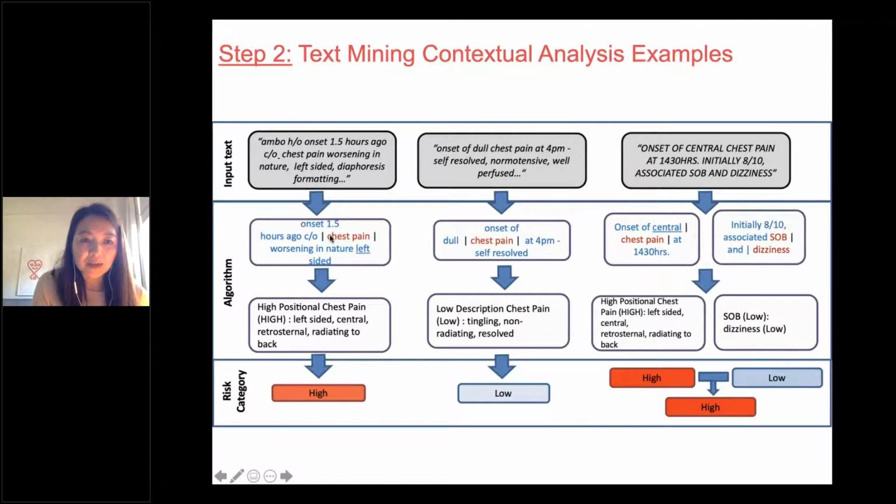Our rule-based algorithm would pick up the chest pain and the left-sided nature of that chest pain, identify this sentence as high risk, and then classify that presentation as high risk of cardiac chest pain. We can do the same for low risk cardiac-related chest pain, as well as combinations of those.